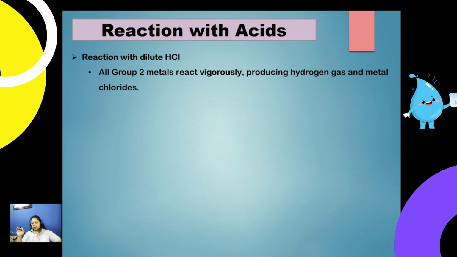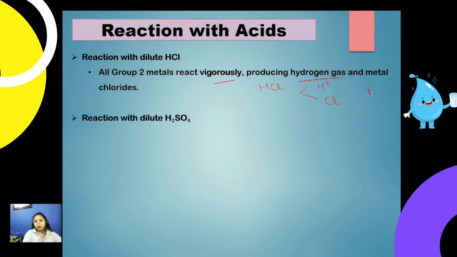When hydrochloric acid is allowed to react with the group 2 elements, they react vigorously, producing hydrogen gas. Why hydrogen gas? We have, for example, HCl. It is going to produce two ions, one is the hydrogen ion, the other is the chloride ion.